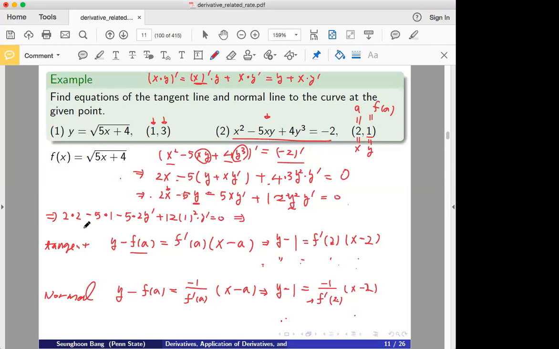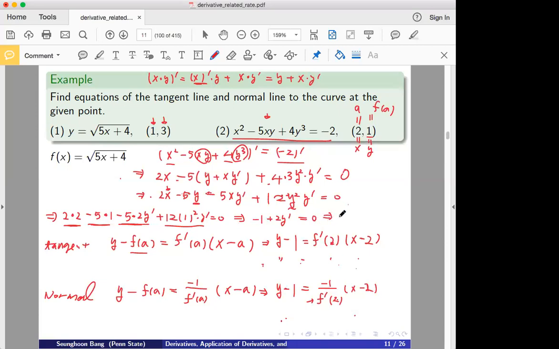So what's that? 2 minus 5, 4 minus 5 is negative 1. This is negative 1. This is negative 10 y prime, 12 y prime. Negative 10 plus 12 is plus 2y prime. So equal to 0.